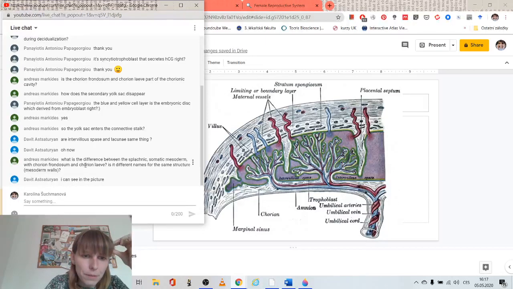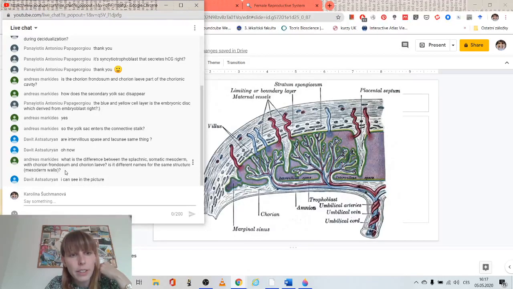So the mesoderm, for example, the somatic mesoderm, will give rise to structures that will be part of the embryo, of the future baby. So that's the mesoderm. That's part of the fetal area of the whole structure.